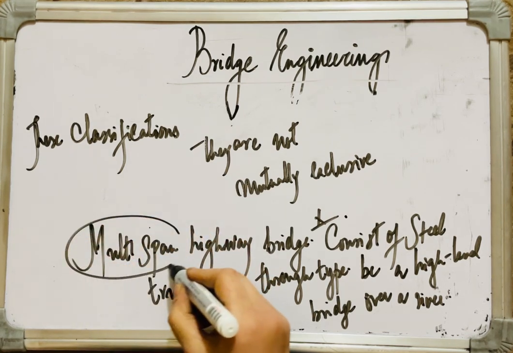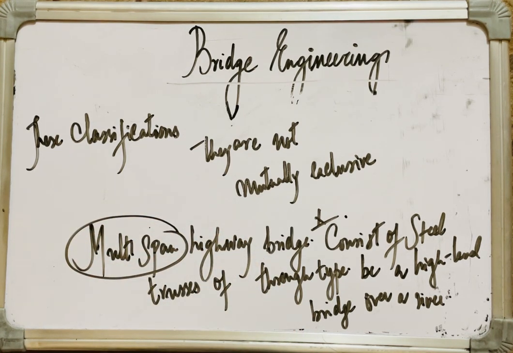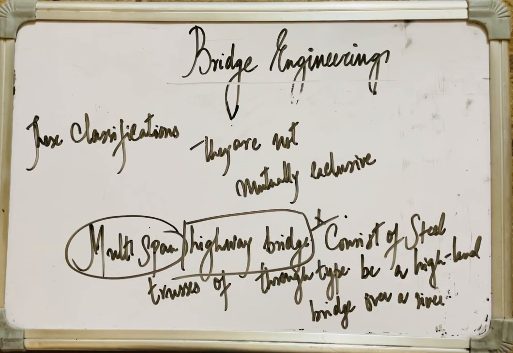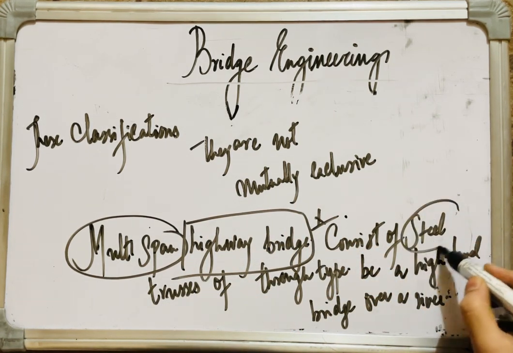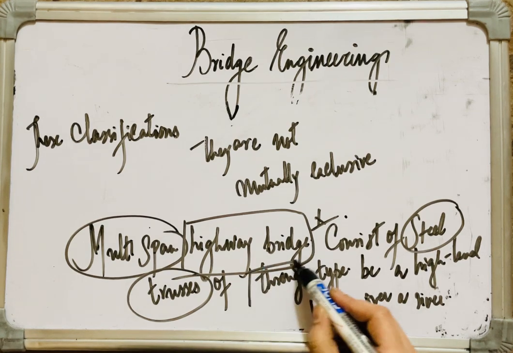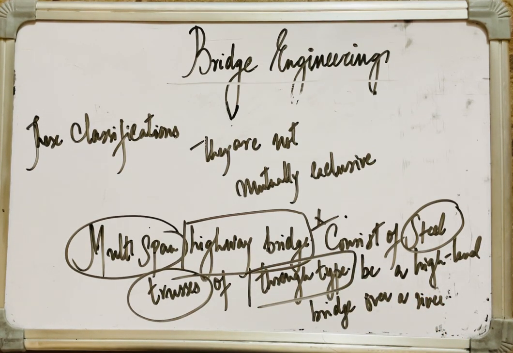Multi-span is a classification based upon the interspan relations. Highway bridge is a classification based on the function. It may consist of steel trusses, a classification based on the material used for constructing superstructures. Through type is a classification based on the position of the bridge floor related to the superstructure.